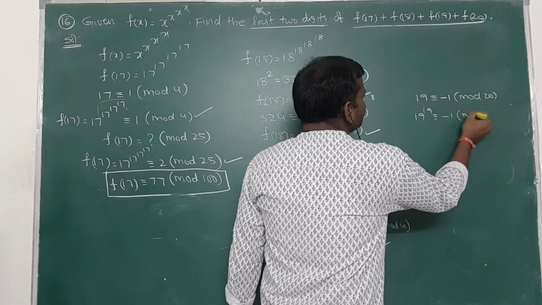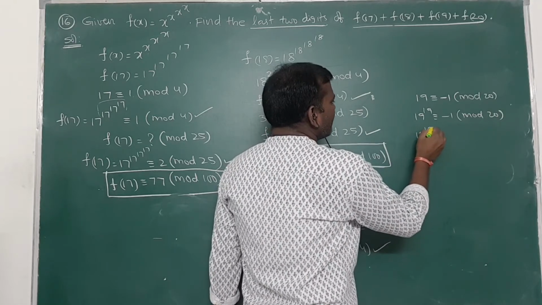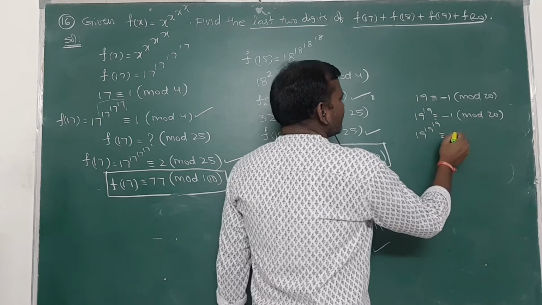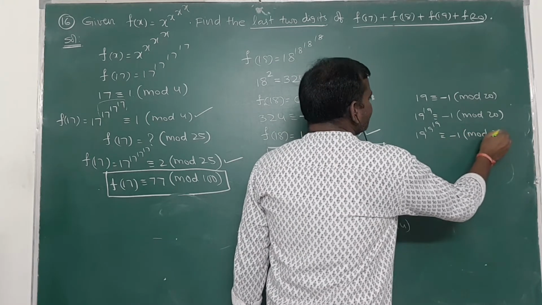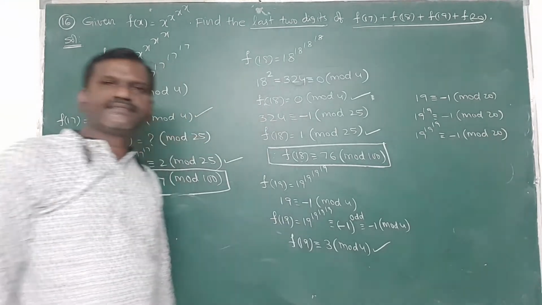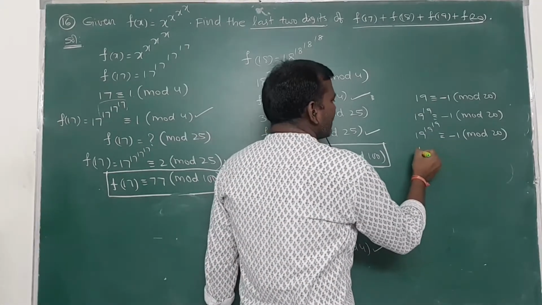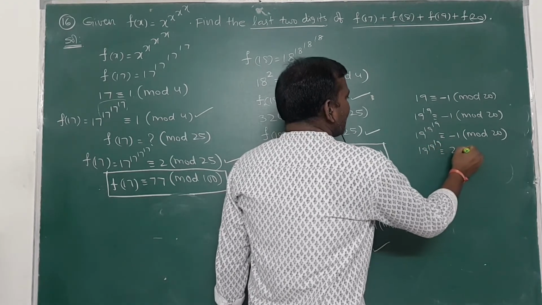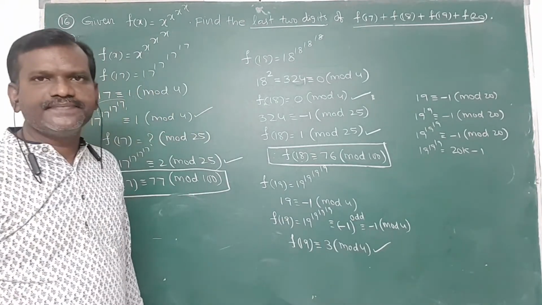So 19 power 19 can be written as 20k minus 1. Am I right? 20k minus 1 I can write.